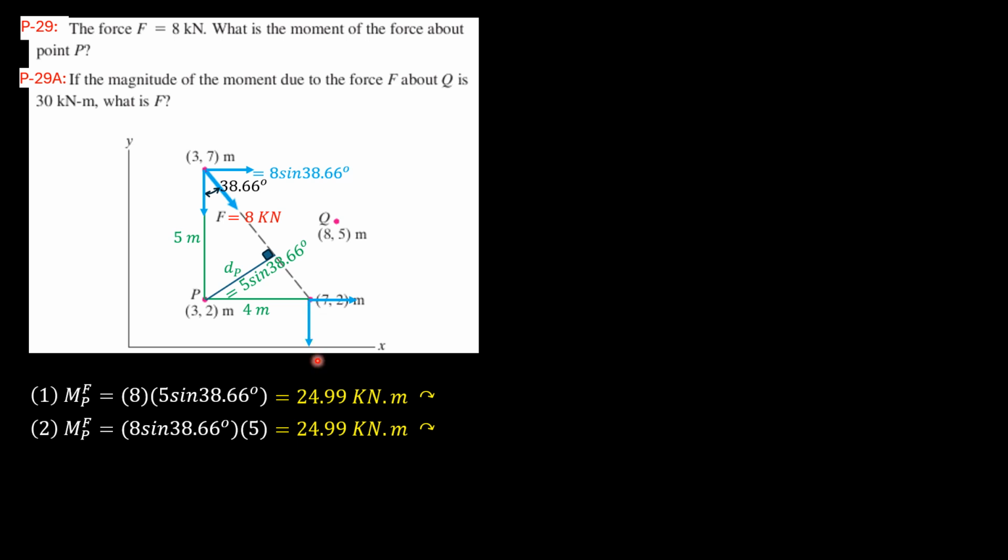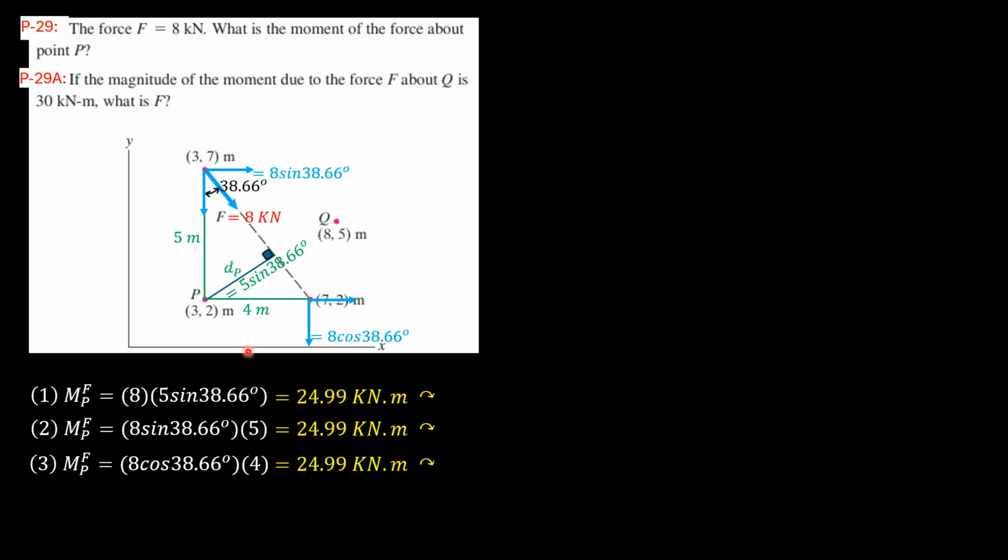So the moment of this vertical component of force is clockwise and the moment arm is 4. Therefore, the moment of the force about P is equal to 8 cosine 38.66 degrees times 4, and that is also 24.99 kilonewton meters.